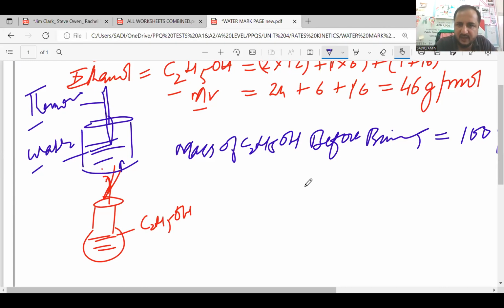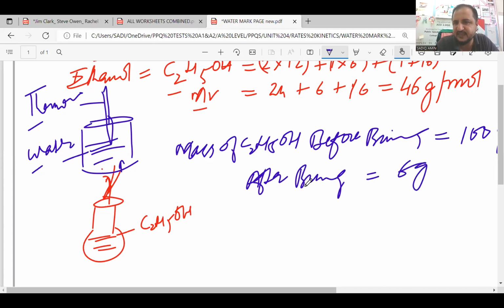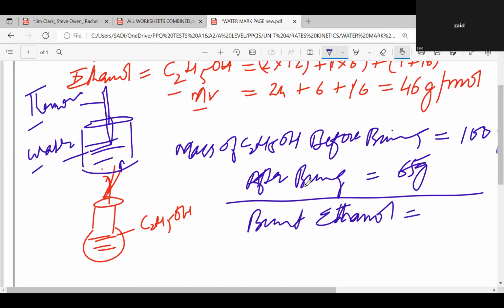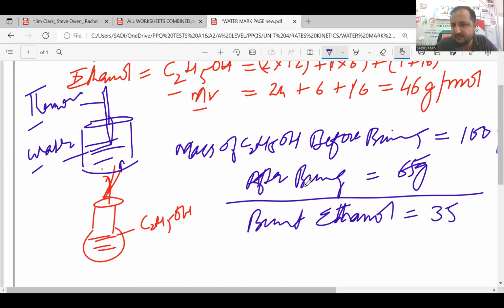So the mass of the ethanol before burning is 100, and after burning, let's suppose 65 grams is left. Now, how much did you burn? Subtract. 35. So the burned one is 35 grams.